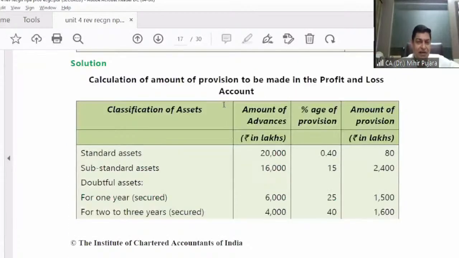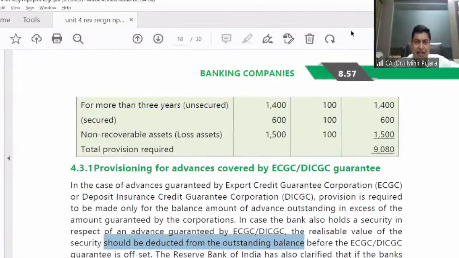It is on your page number 8.57, guys. Okay, and in such a case, how should we calculate the provision? I am sharing it, guys.